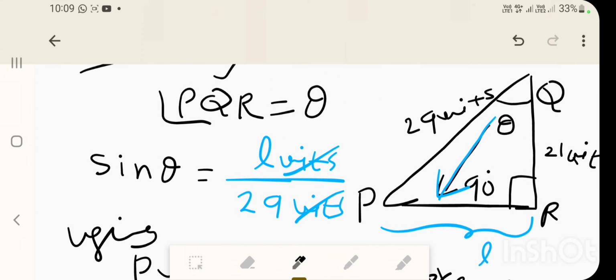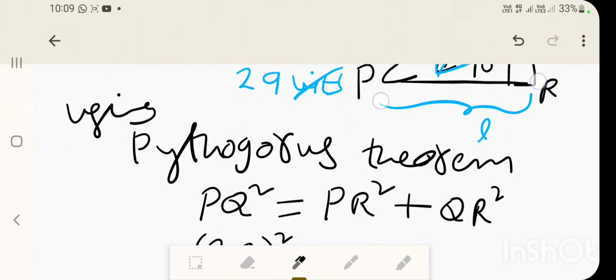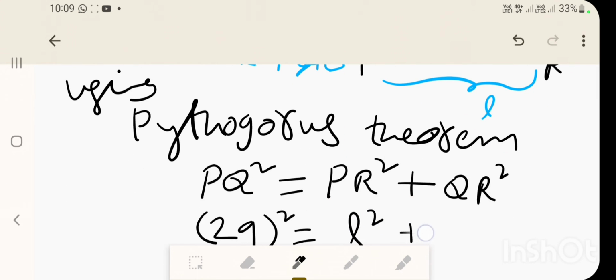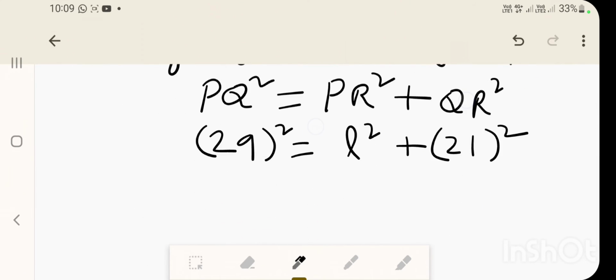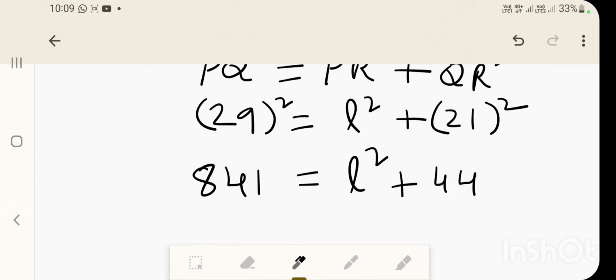Right. So what they have given, PQ is 29 square. You can leave aside the units. And we have PR square, which we have taken as L square, and QR is 21 square. Now what we have to find is L square. 29 square is 841, which is equal to L square plus 21 square, which is 441.